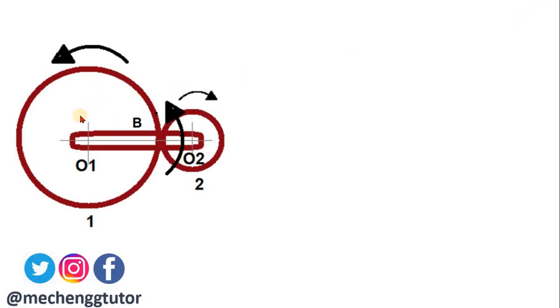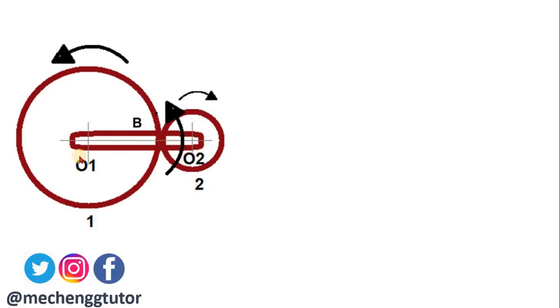Now friends, in this epicyclic gear train, we come across three cases. The first case is we fix O1 and O2, that is arm B remains fixed. Then this system becomes a simple gear train, that is when O1 rotates in counterclockwise direction, O2 will rotate in clockwise direction and position of arm B will be fixed.